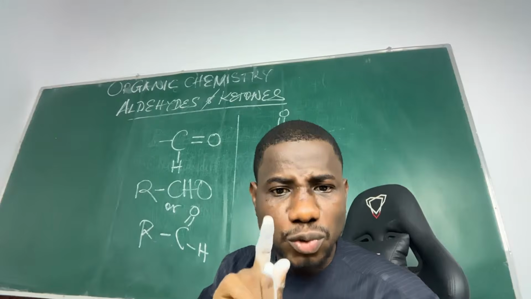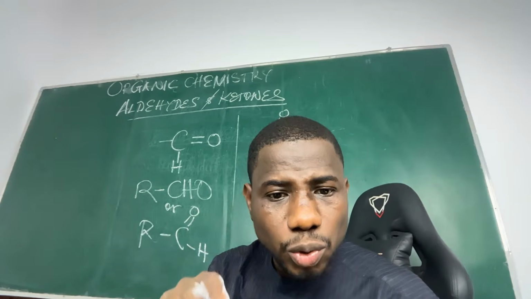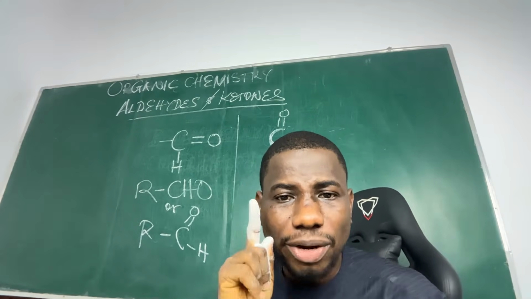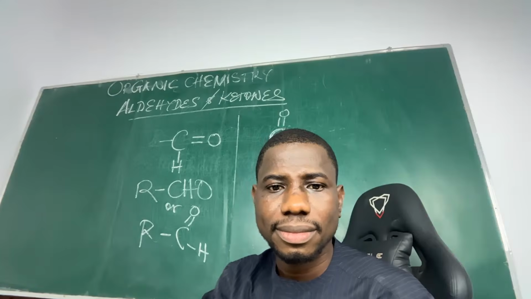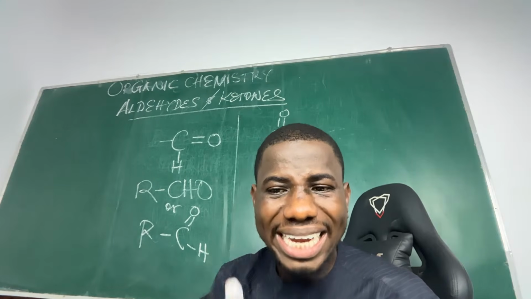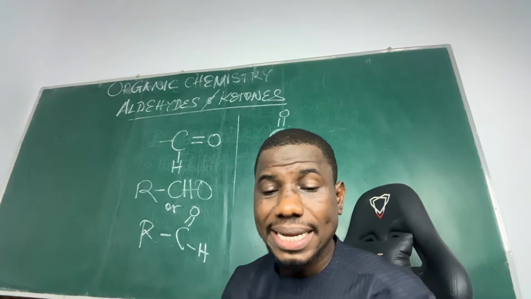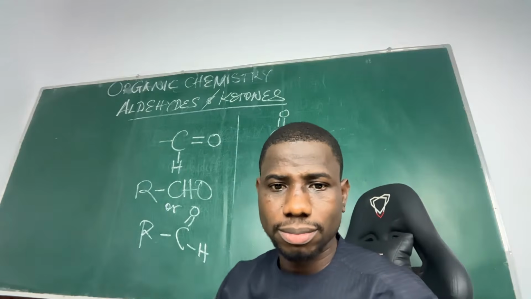The next point I want you to know is this. In an aldehyde, put that point down, the carbonyl group is always at the end of the carbon chain. Very, very important. In an aldehyde, the carbonyl group, or you can say the carbonyl carbon.